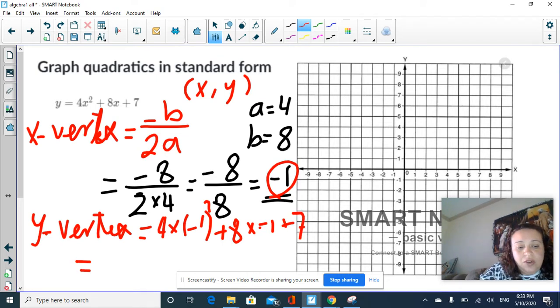Find the value. 4 times negative 1 squared. Negative 1 squared means negative 1 times negative 1 is positive. 4 times 1 is 4.